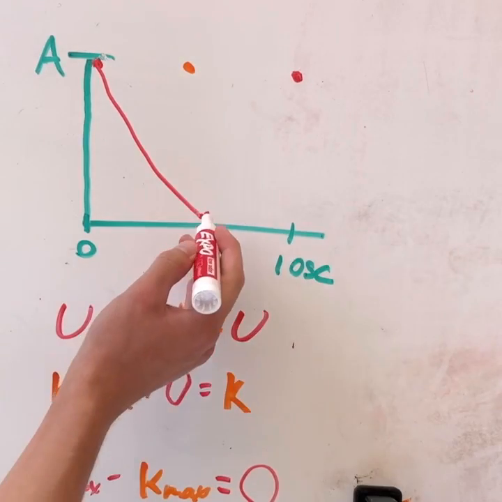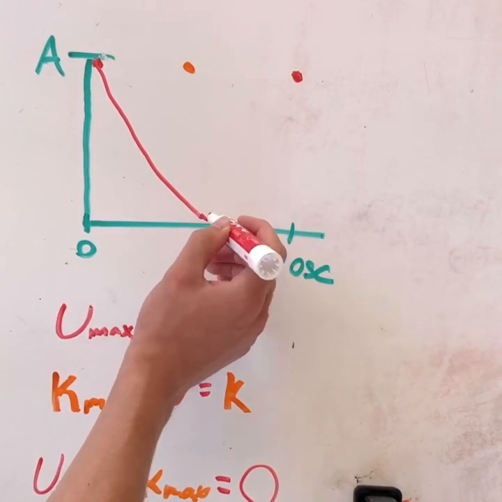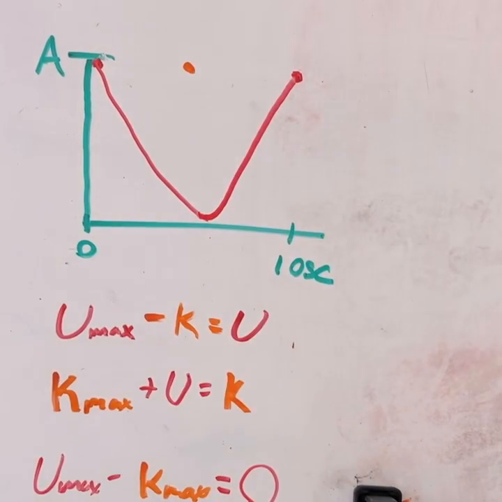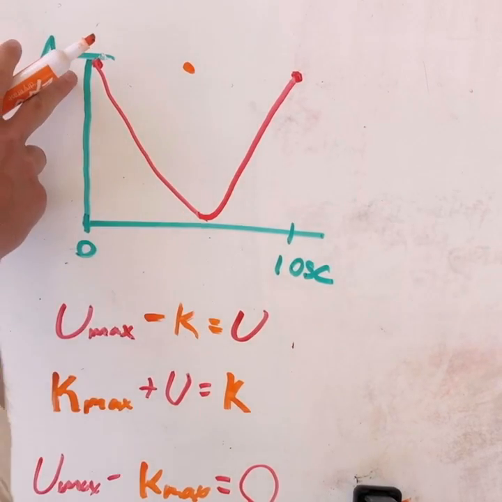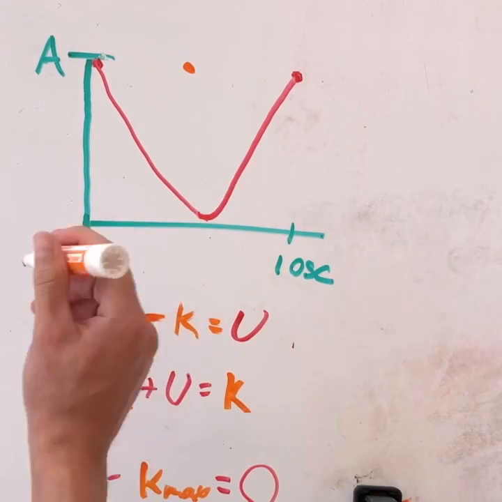Right? And then as we convert the kinetic energy back into potential, it's going to go back up to U max. What about kinetic energy? Well, if all of our energy is in potential energy, that means we have no kinetic energy available.